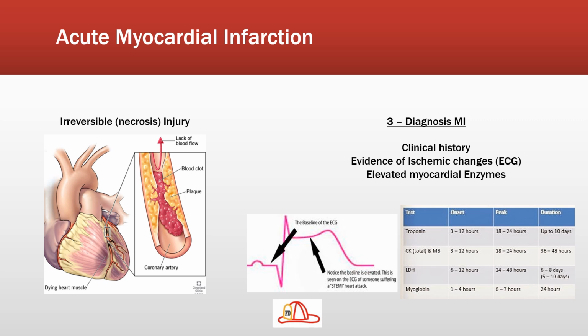Three things you need to diagnose an MI are a clinical history, evidence of ischemic changes on ECG, and elevated cardiac enzymes: troponins, CKs, and MBs. Three things to diagnose: history, changes on ECG, and enzymes.